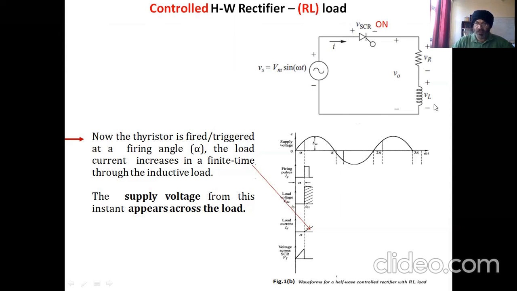Because of the presence of inductor in this circuit, the current starts to flow slowly, because as per the characteristics of inductor, it opposes the flow of current. So it takes time for the current to flow in an inductor. So the current will start to flow slowly. So it increases in a finite time, slowly in a finite time.